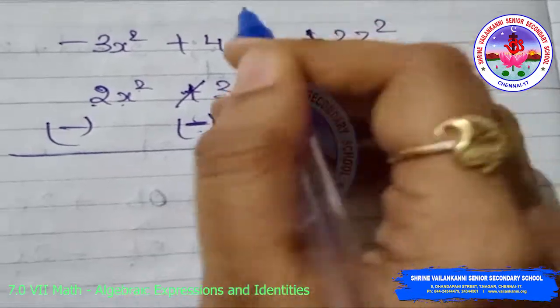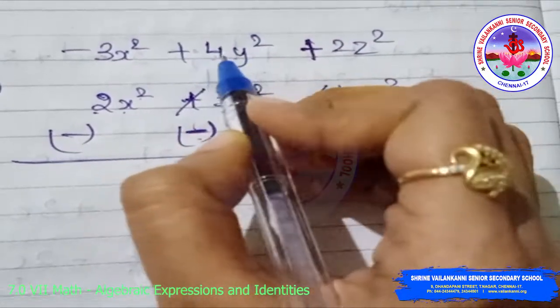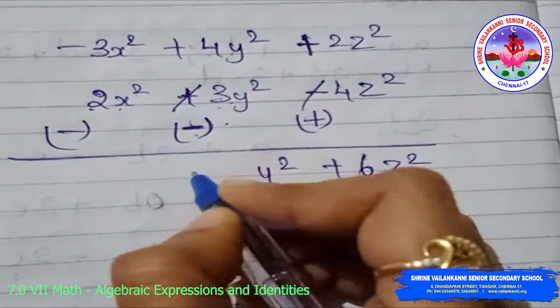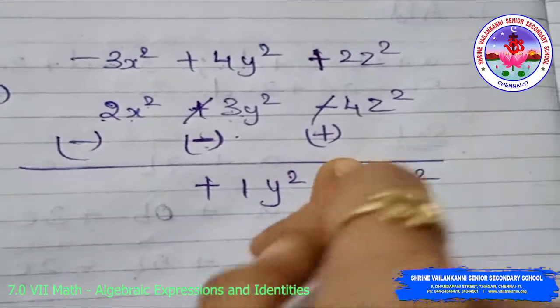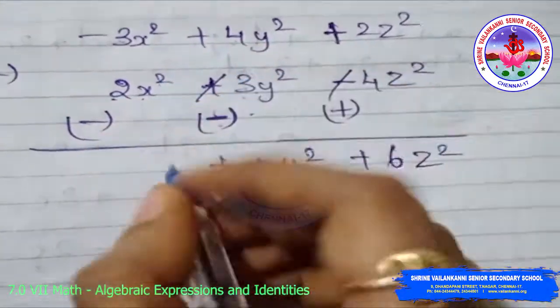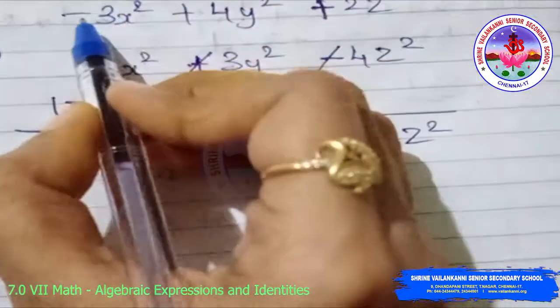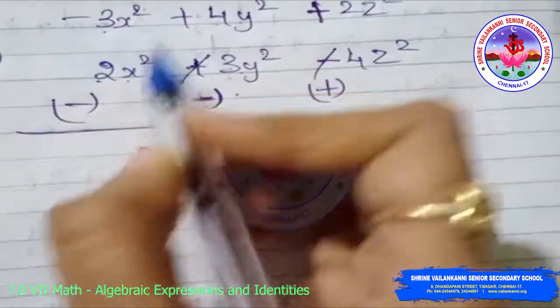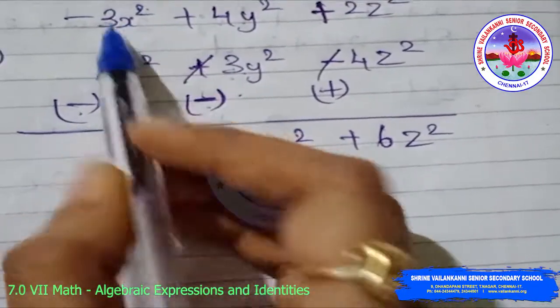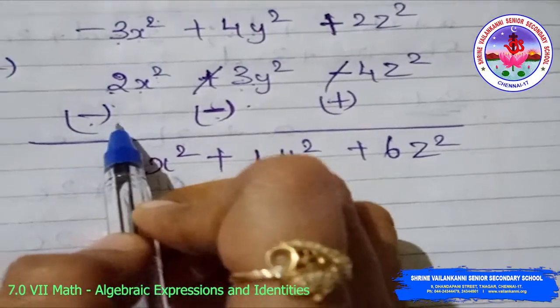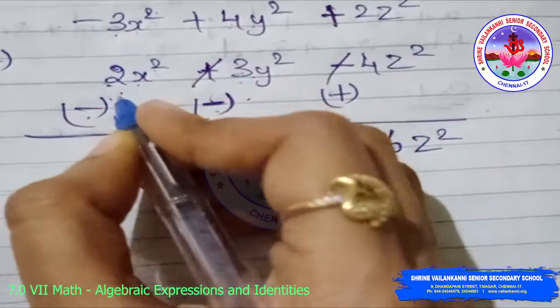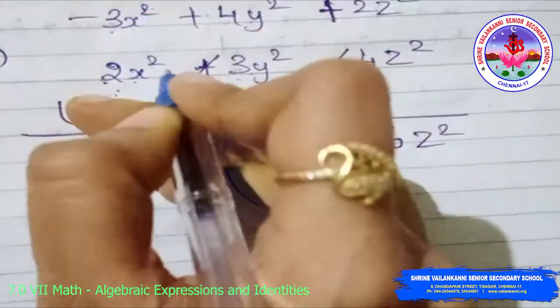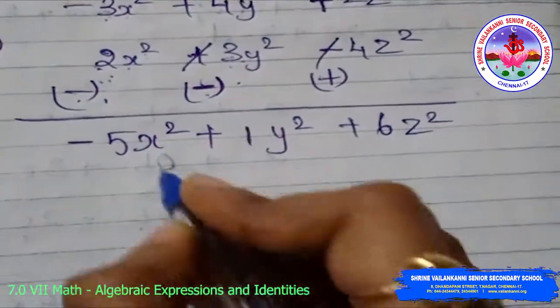Here the highest value is 4, the sign of the 4 is positive. So positive 1y squared. Next, x squared term. Here negative 3x squared, negative 2x squared. The signs are same, so you can add the values. 3 plus 2, that is 5. The sign is negative.